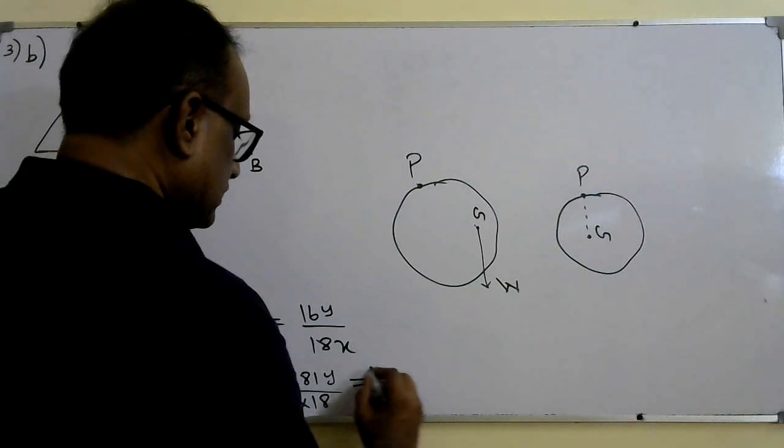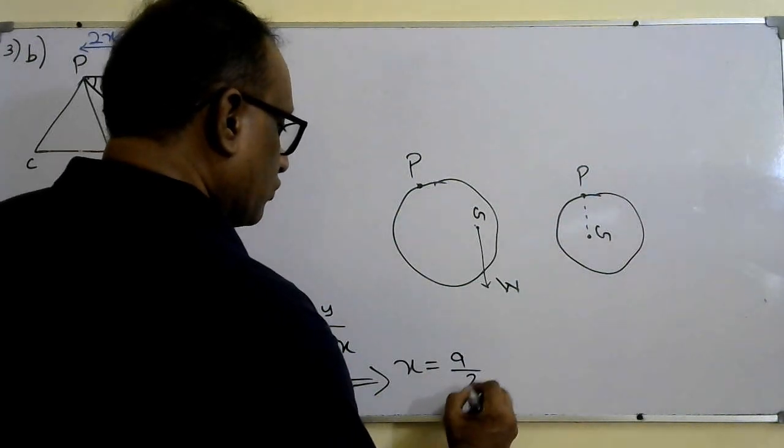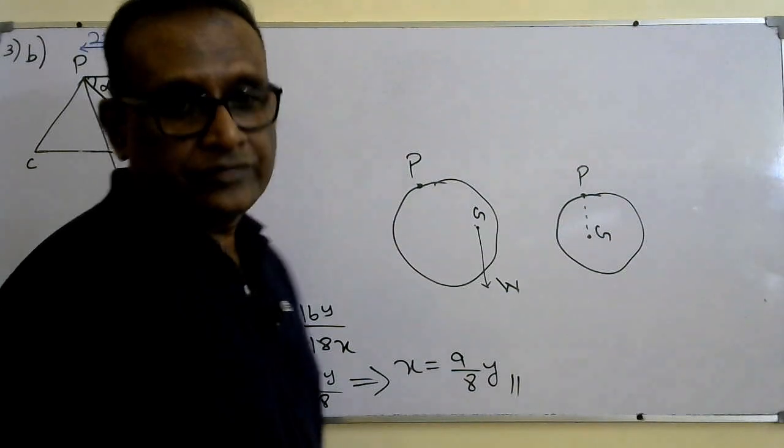So from this, x is equal to 9 over 8y. That's the relationship between x and y.